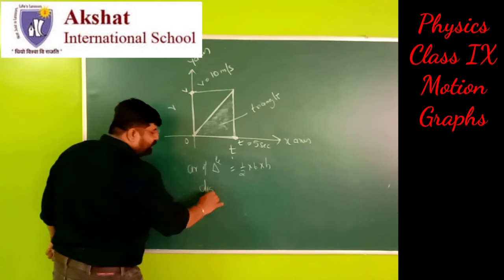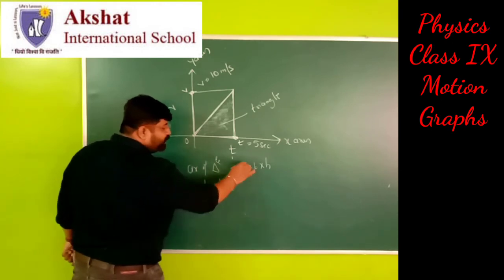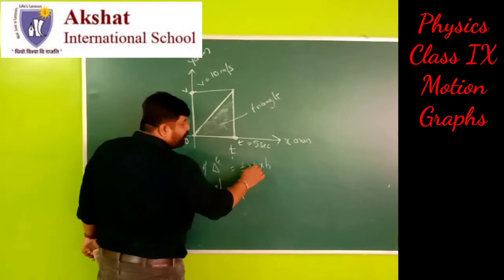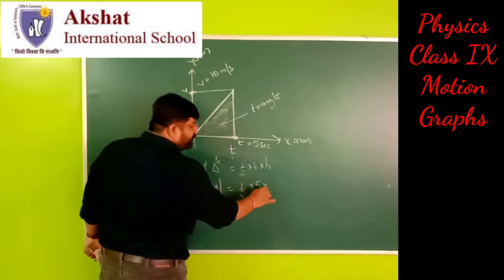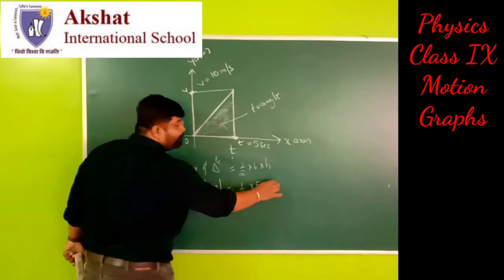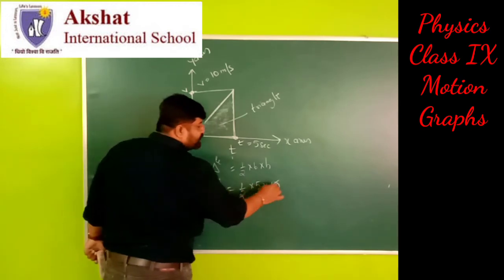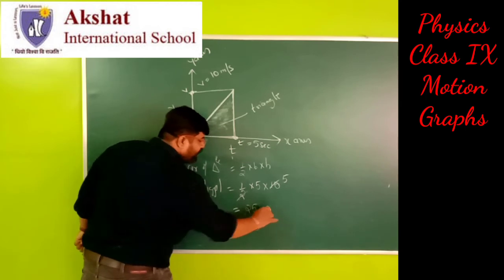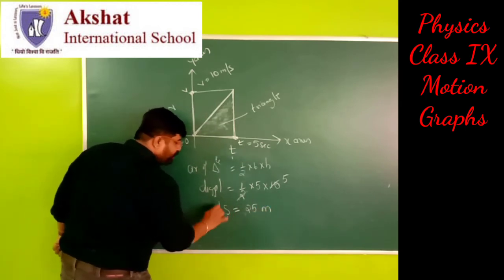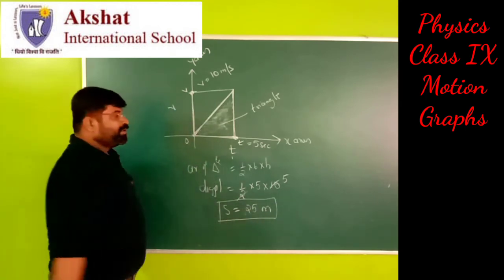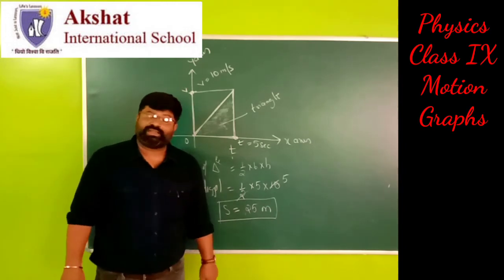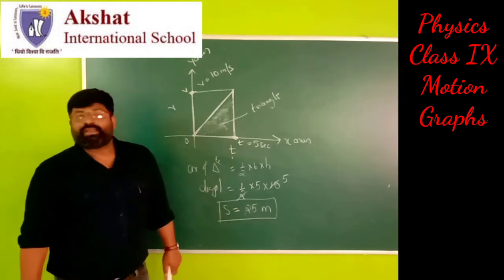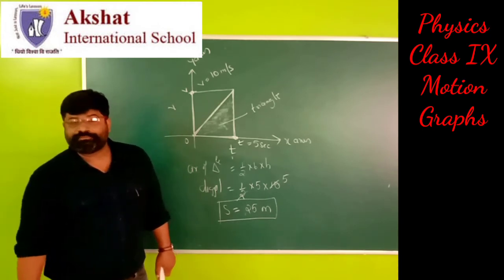The displacement is equal to the area under the graph, that is half into base, that is 5, into height, that is 10. So this is cancelled here and we get 25 meters. So the displacement after 5 seconds is 25 meters. I hope you got the concept.